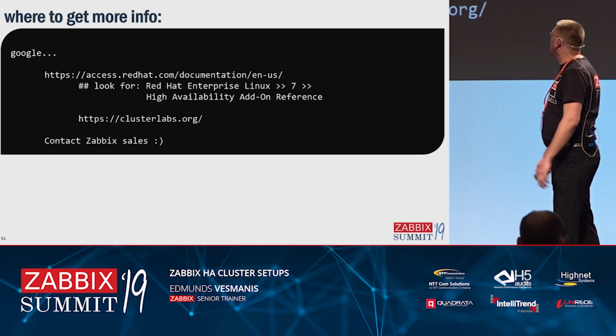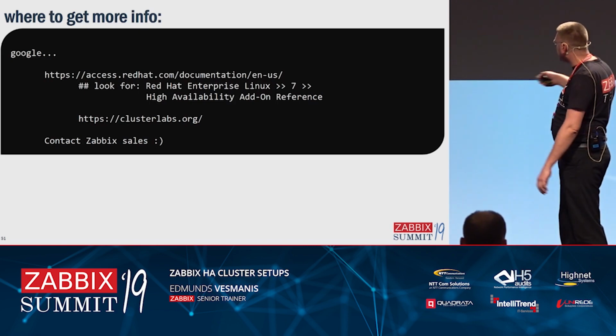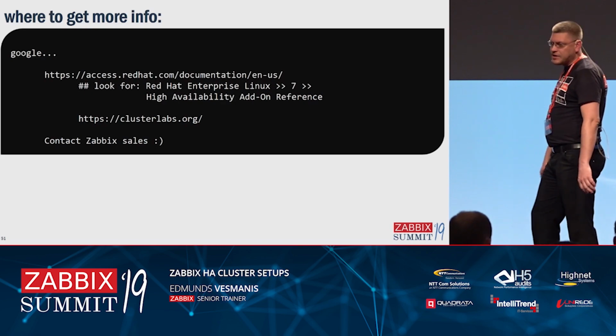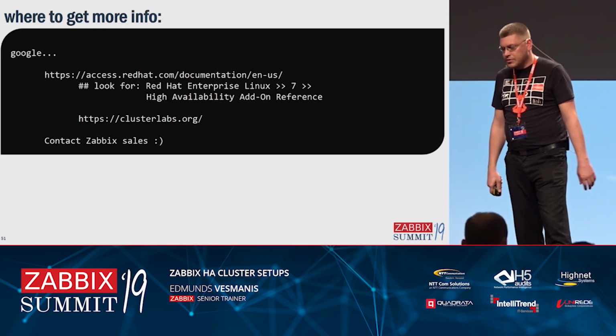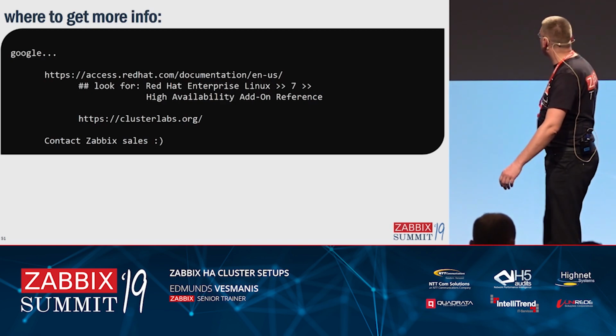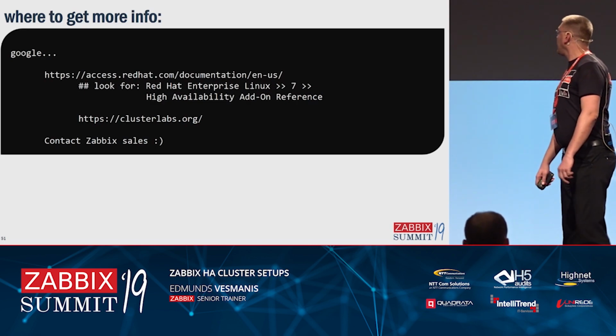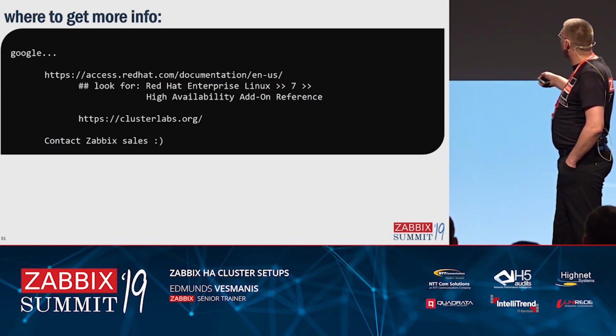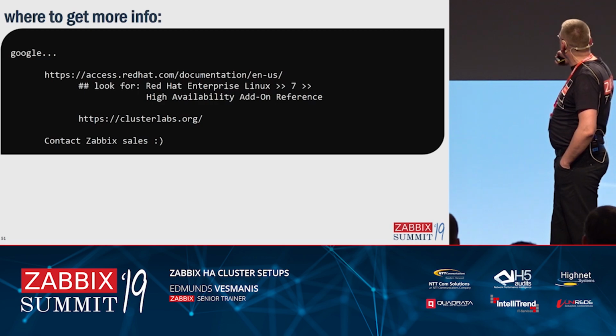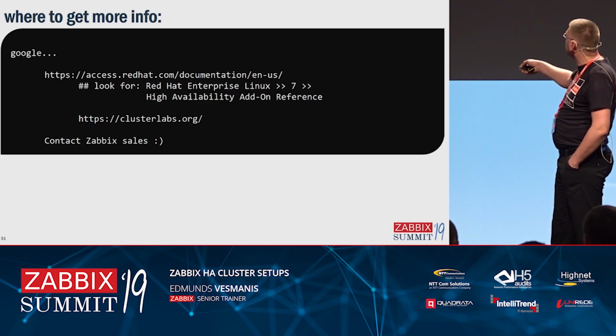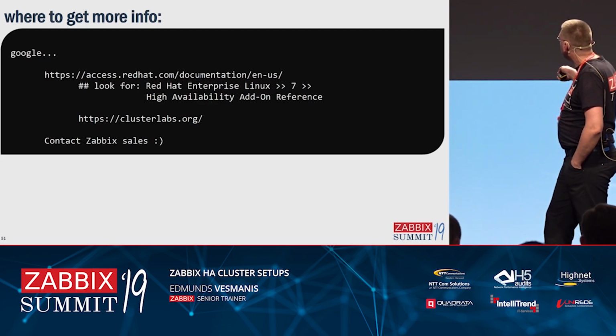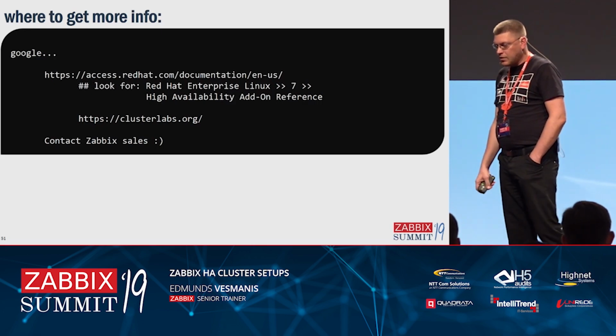Of course, Red Hat documentation has a lot of details and information we can get on this topic. Then you navigate to Red Hat Enterprise Linux 7, for example, and search for the High Availability Add-On Reference.